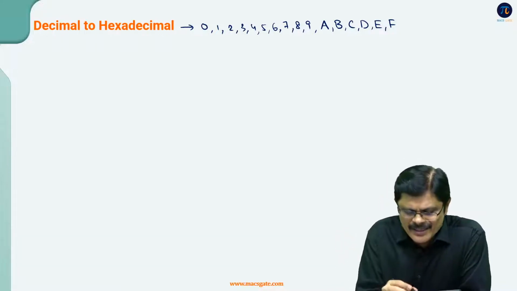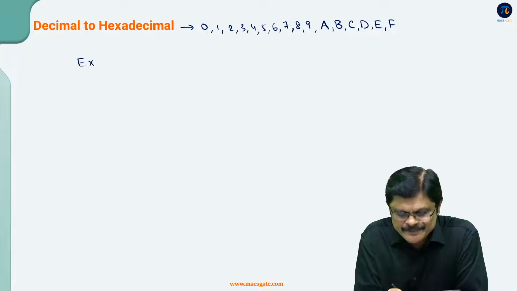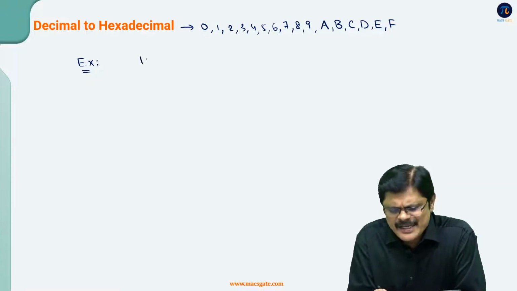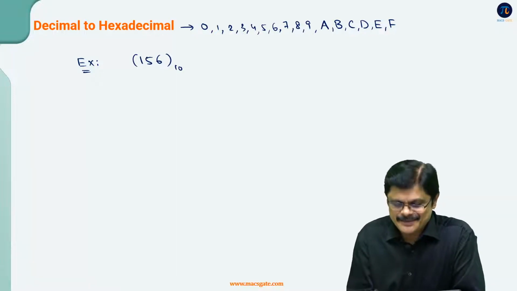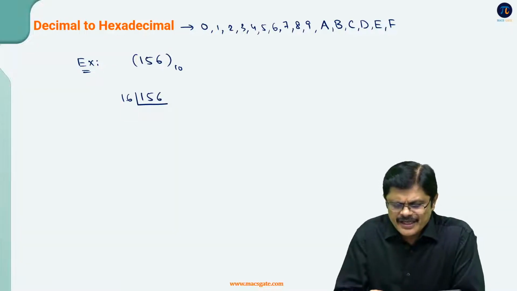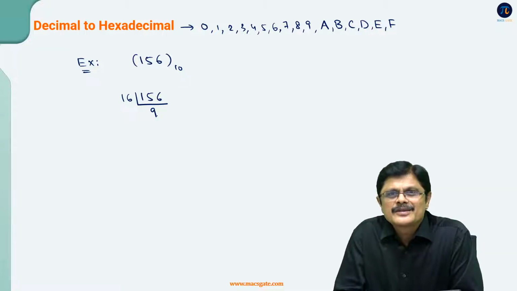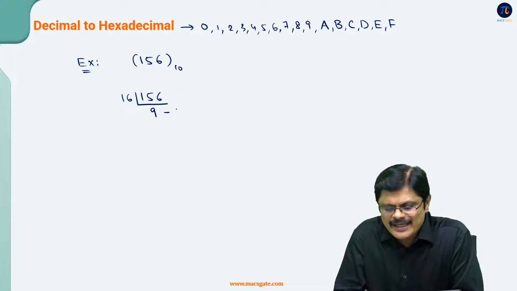Now, let us consider the example. Let us take the same number, 156 in the base 10 system, and convert it into hexadecimal. Divide by 16. 16 nines are 144. How much is remaining? 12 is remaining.